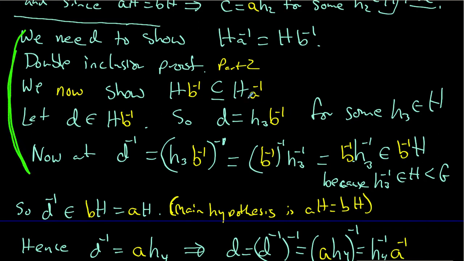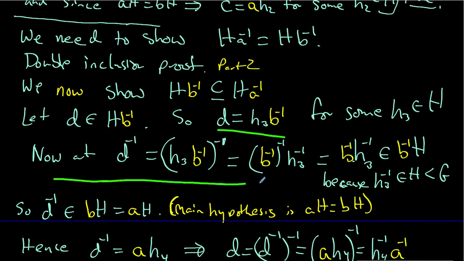This time, though, it is the second part. And so we're going to be assuming that D belongs to HB inverse, and we need to show that D belongs to HA inverse. So our D starts off that way, and it's exactly the same argument if you take the time to stop the video and read it.